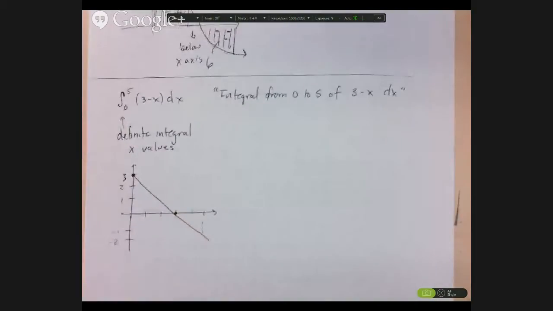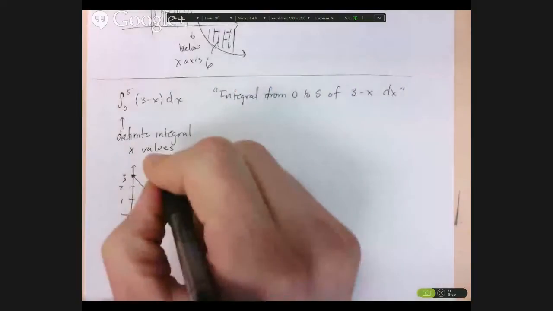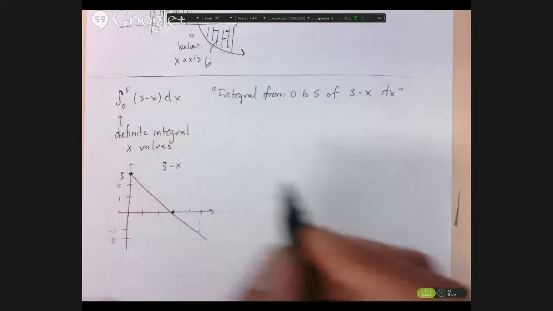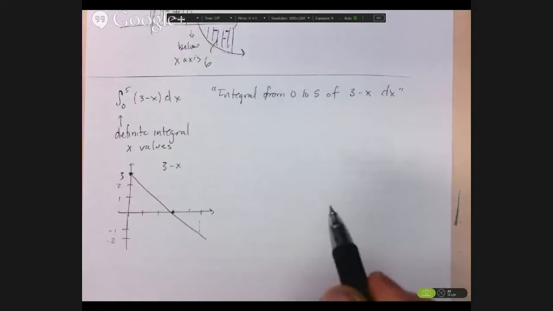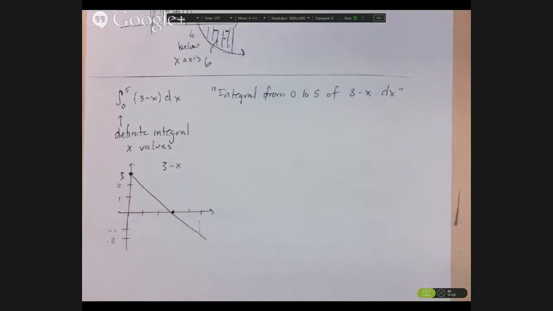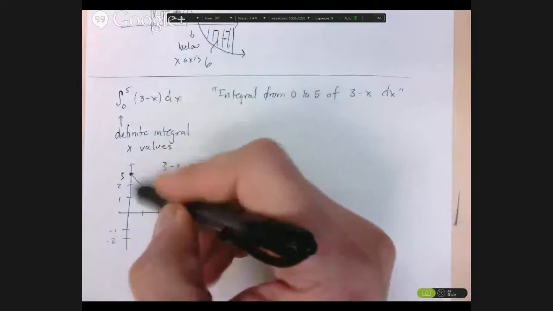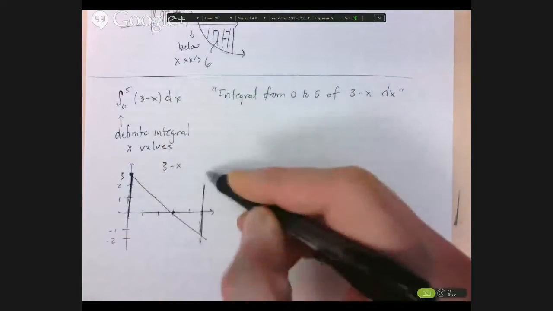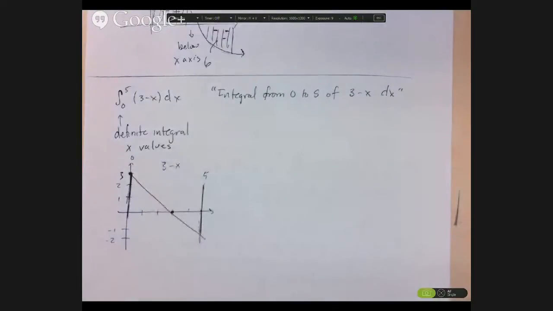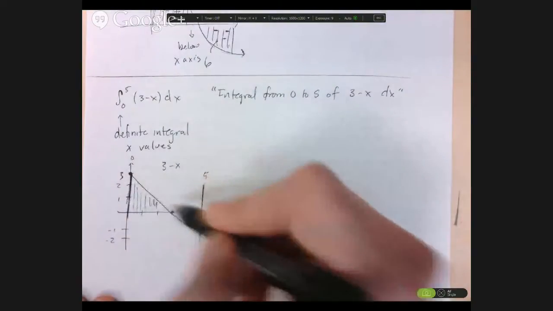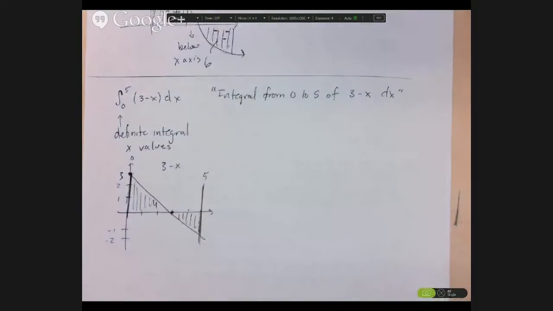Okay, there's the graph of that function, 3 minus x. Okay, notice 0 to 5 are our limits. So we're going from 0 to 5, right? So we're taking, what is the area of that? That's what we're calculating, okay?